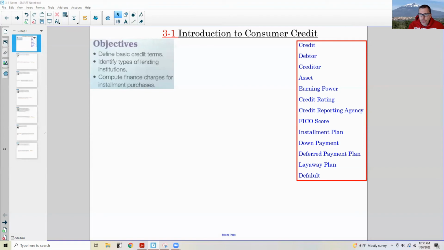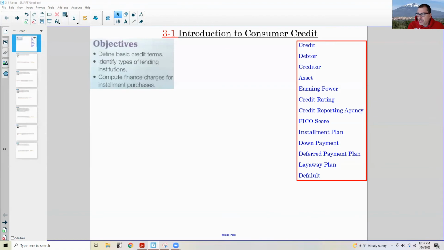Your FICO score. I've heard of FICO, but I had never known where the name came from until I read this chapter. It is from the name of its creator, Fair, Isaac and Company. So two people, last names Fair and Isaac, I'm assuming, came up with the FICO, Fair Isaac Company score. Kind of like Geico Insurance Company, Government Employees Insurance Company, where Geico came from.